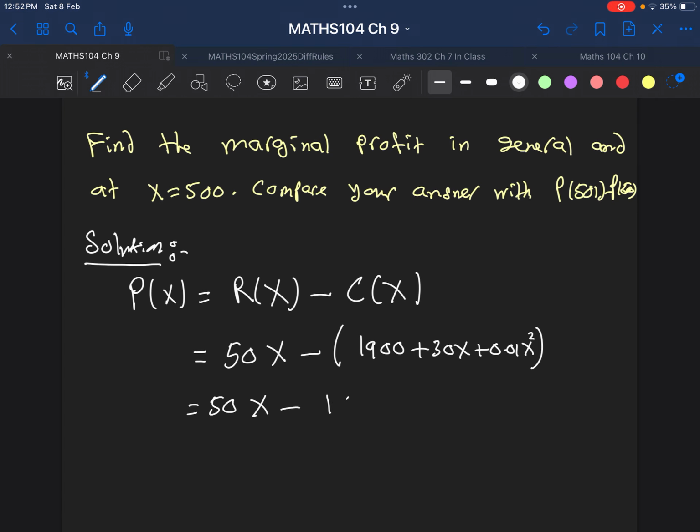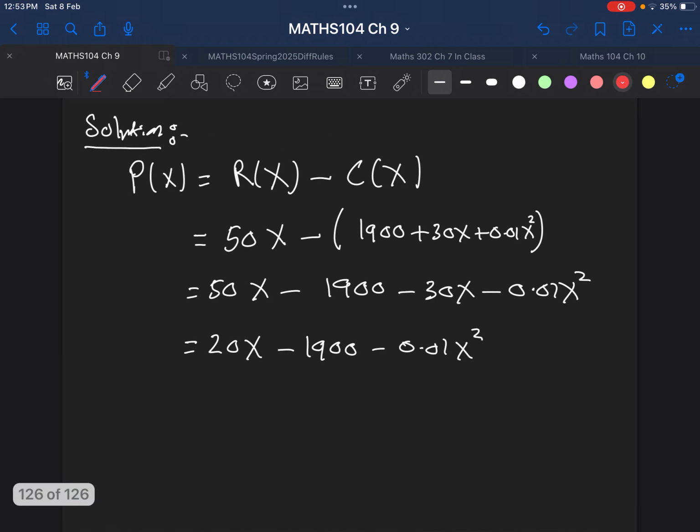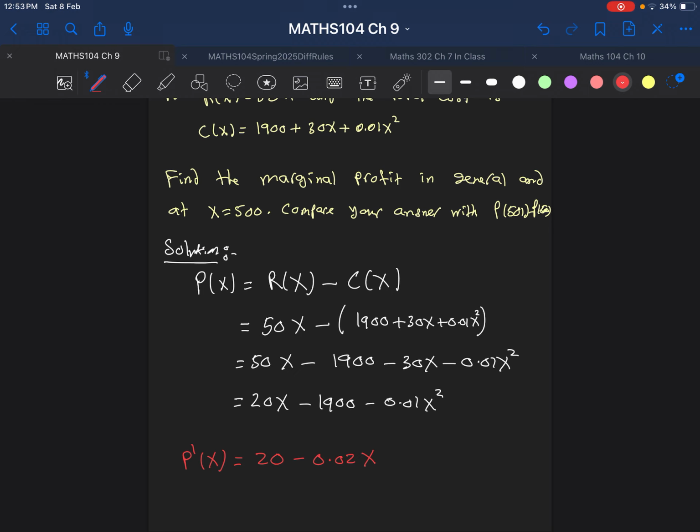Now take the minus inside, so you get 1,900 minus x squared. Now if we bring things together, this will be 20x squared. And finally, we just need to find the marginal profit, which is 20 minus 0.02x. This is the marginal profit.